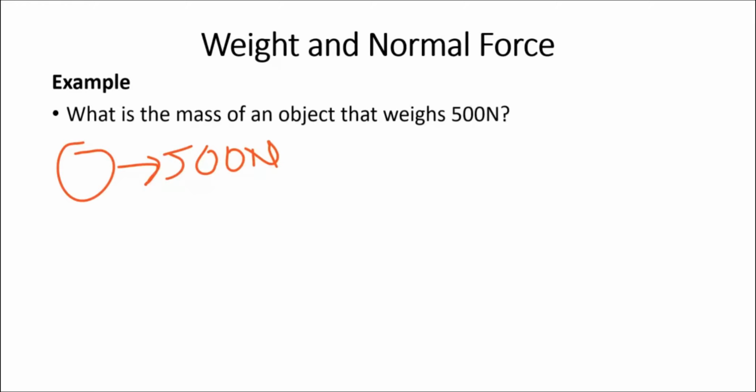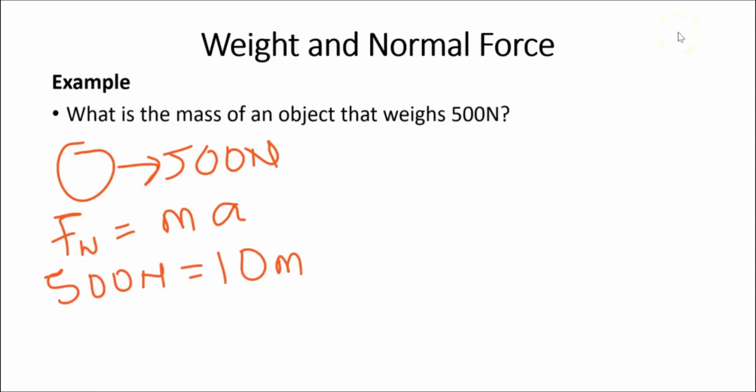And we know that force of weight is equal to mass times acceleration. We are already told that the force of weight is 500 Newtons. We don't know the mass, but the acceleration, since it's on Earth, will be gravity, that will be 10 meters per second squared.